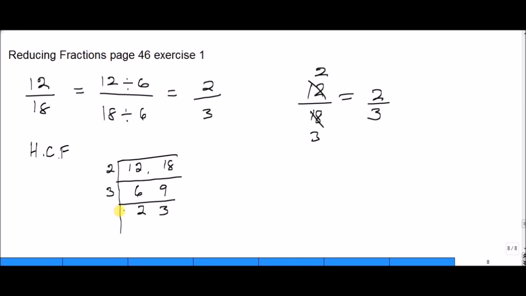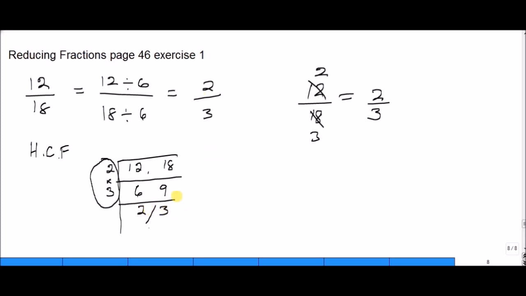Now we cannot find a number that can go into both of these without leaving remainder. So we multiply whatever we have outside, and that would be our highest common factor. 2 times 3 would give us 6. So in this case, the highest common factor was used to divide 12 and 18, and we got 2/3.